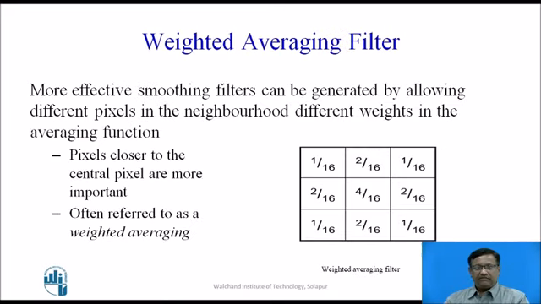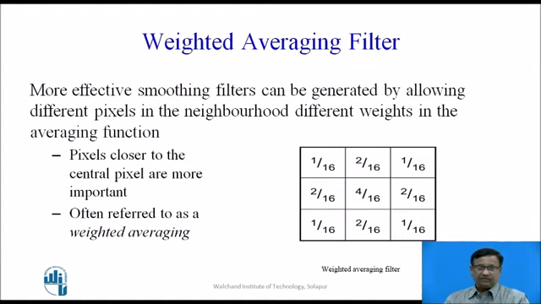Most effective smoothing filters can be generated by giving different pixels in the neighborhood different weights in the averaging filter. This filter is called the weighted averaging filter. Here, pixels closer to the central pixel are more important. That's why the weight assigned to the center is 4, whereas the weight assigned to the right is 2, left is 2, top is 2, bottom is 2, whereas diagonally the weight is the smallest, that is 1.